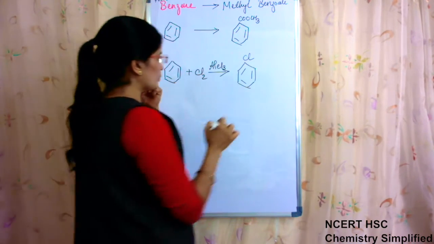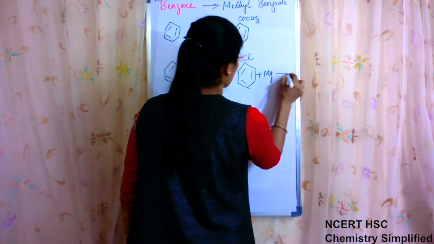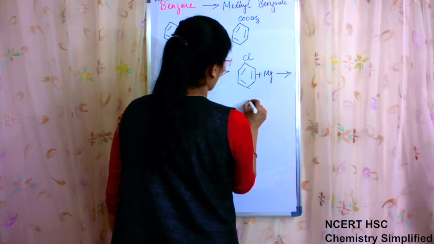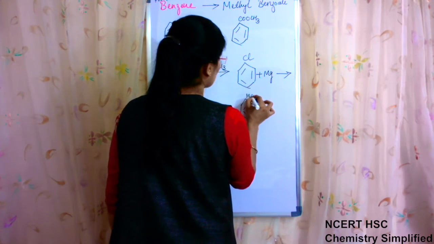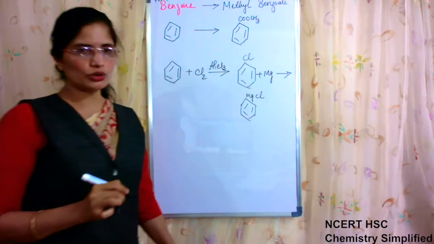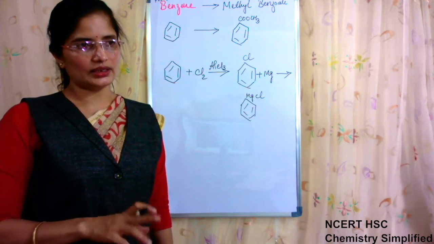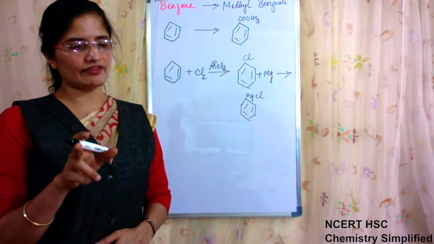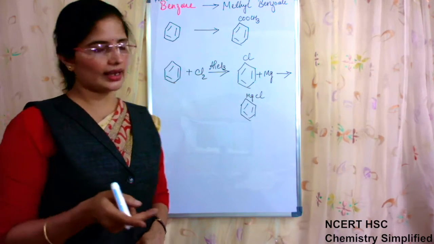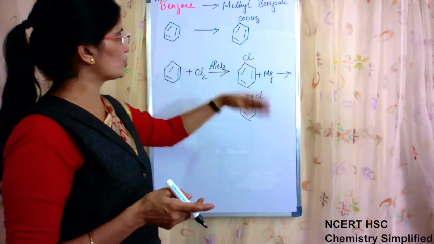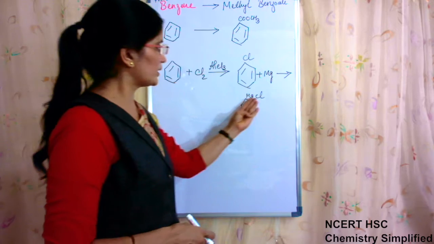Once chlorobenzene is formed, we react it with Mg to form the MgCl compound. Why have we come to this? Because we want a Grignard reagent. We know that, among the preparation methods from benzene, the Grignard reagent with the help of CO2 can prepare benzoic acid. Okay, so we have come to the Grignard reagent.